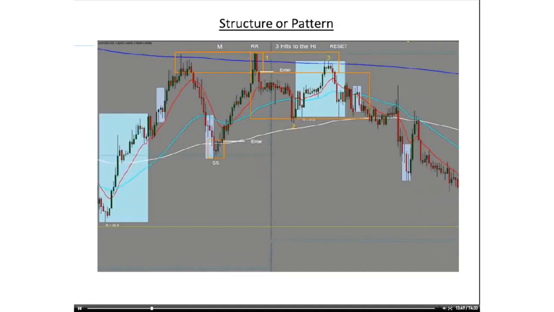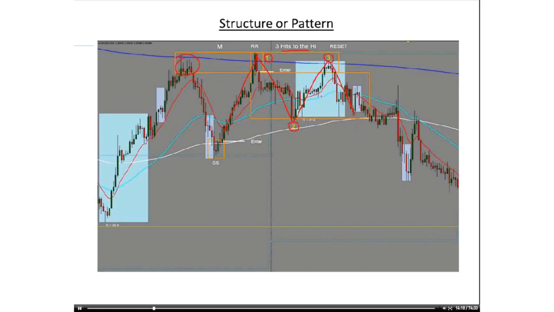So you draw your M. This is my 1, 2, 3. Here's my M for those who cannot see it. This is 3 hits to the high, obviously. There's one hit over here. So you got 1, 2, 3 hits to the high, right?